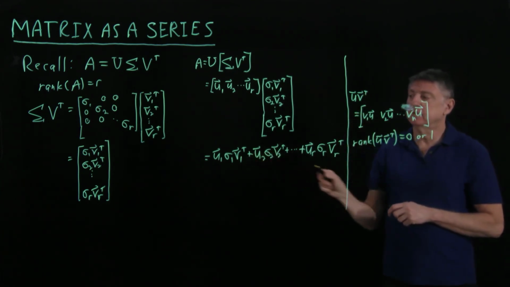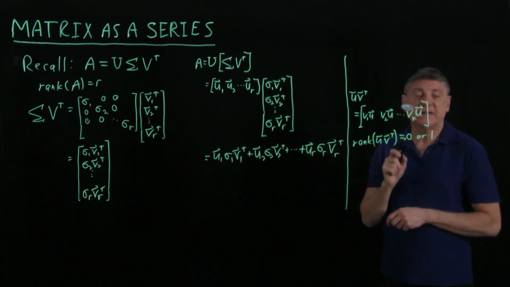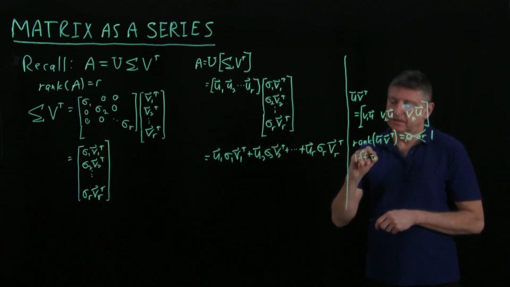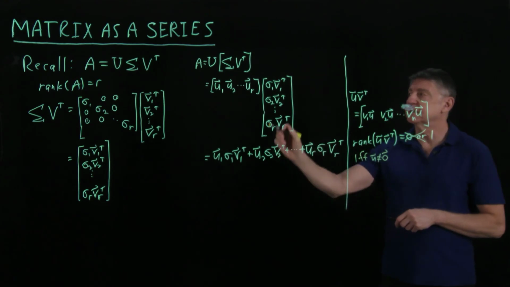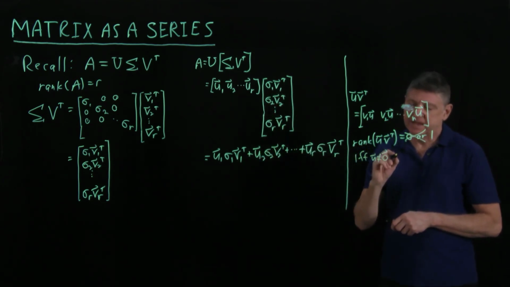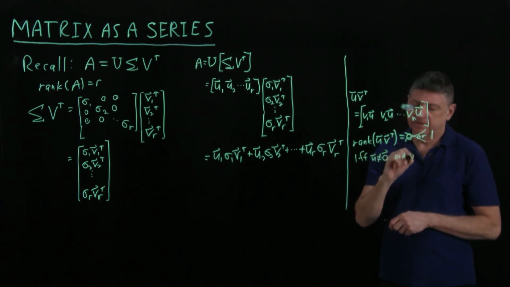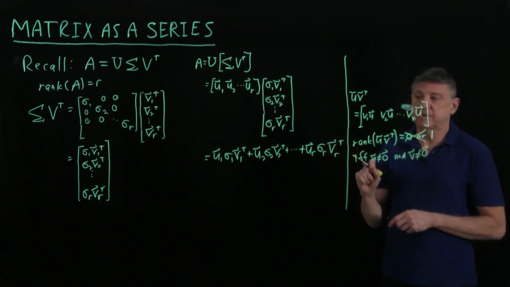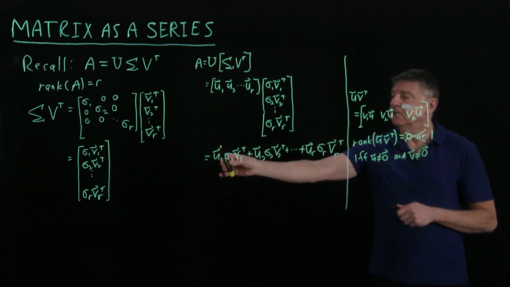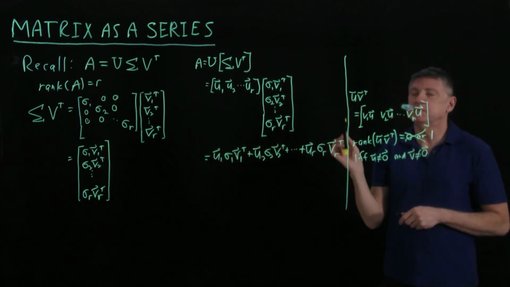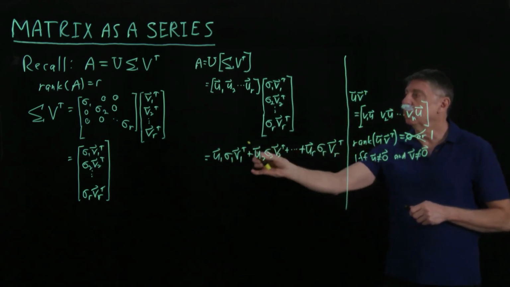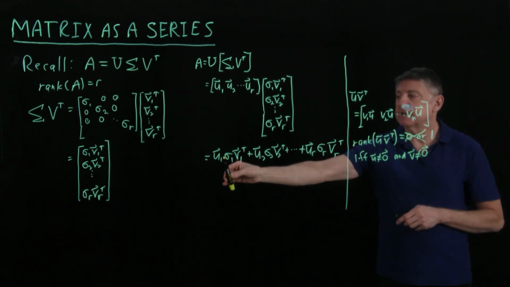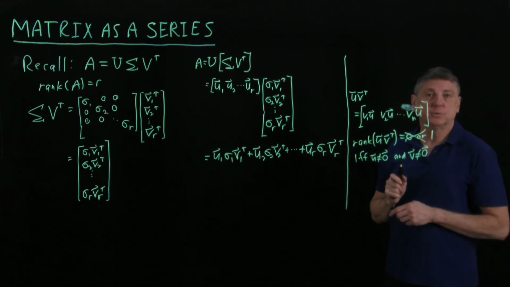If it's coming out of the singular value decomposition, we're guaranteed that the rank is 1, because U can't be the 0 vector since it's a column of an orthogonal matrix, and V cannot be 0 because it's also a column of an orthogonal matrix. So U V transpose is a rank 1 matrix, and what we're saying is that any matrix of rank R can be represented as the sum of R matrices, each individually of rank 1.